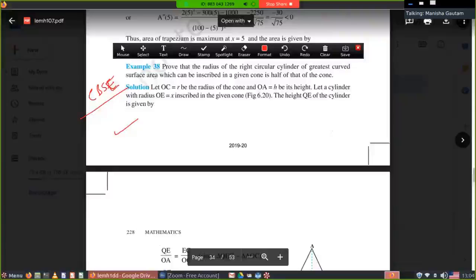A cylinder is inscribed in a cone, and you have to prove that the radius of the cylinder of greatest curved surface area is half of the cone's. The curved surface area should be greatest. It means you have to maximize the curved surface area of the cylinder.